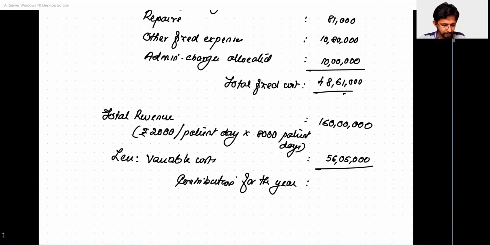So 160 minus 56 lakh 5,000. It will be 103 lakh 95,000.